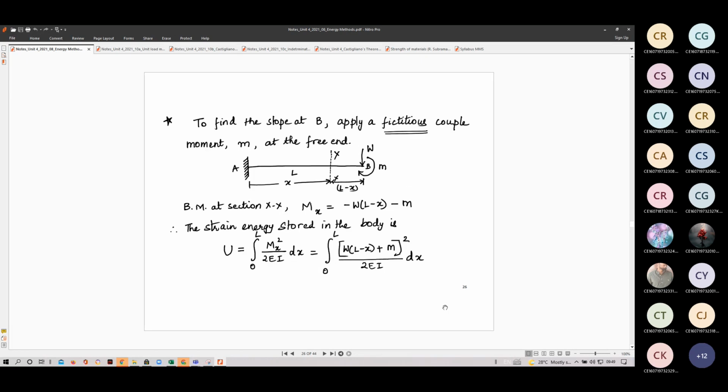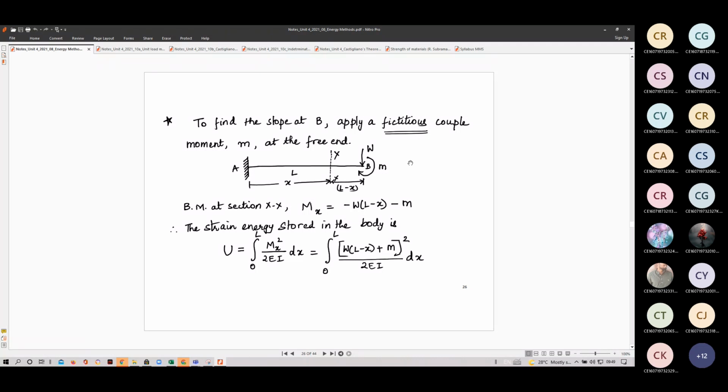Now what to do to find slope? Slope at B. Slope is associated with moment. Moment will give rise to a change in slope theta. Load will give deflection, displacement delta. Moment will give theta.